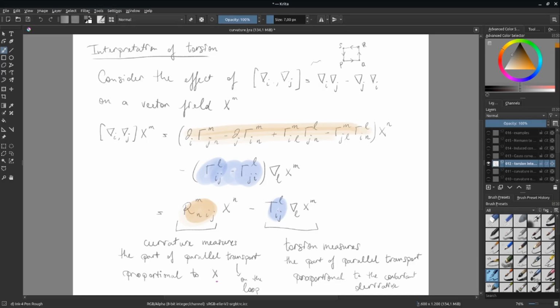You can think of curvature as the bending that you do because you're moving on a curved surface, whereas torsion is proportional to the covariant derivative. In a sense torsion is like the extra curvature that's not due to the fact that you're on a curved space. It's one way to think about it, but maybe not always correct.